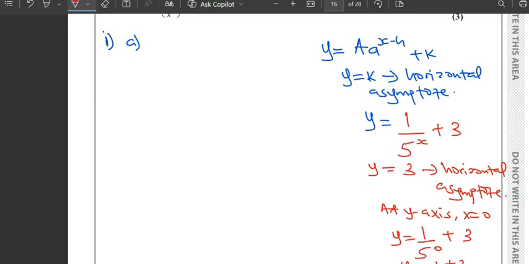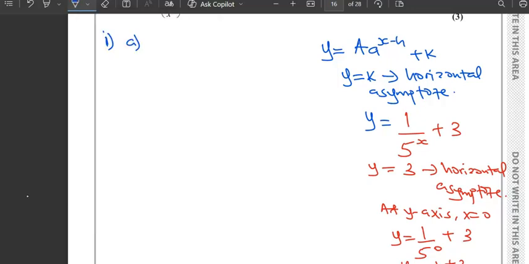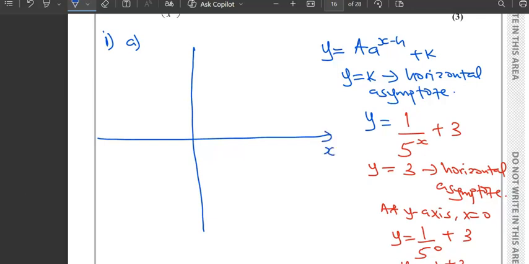Let's delve into sketching. We'll draw our axes. This one is the horizontal axis, and this is the vertical axis.